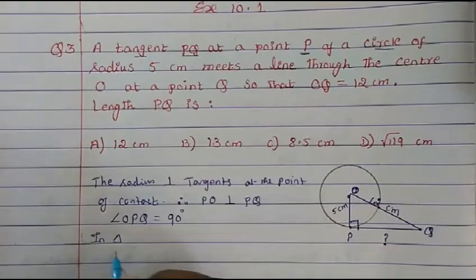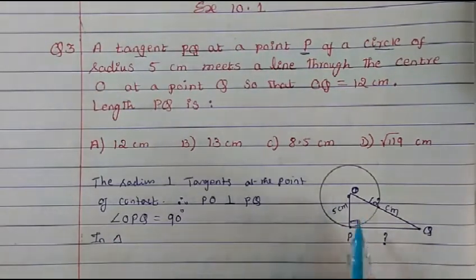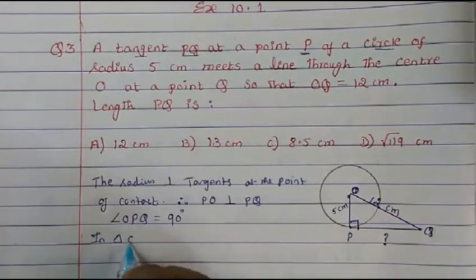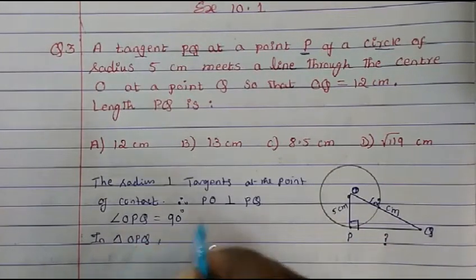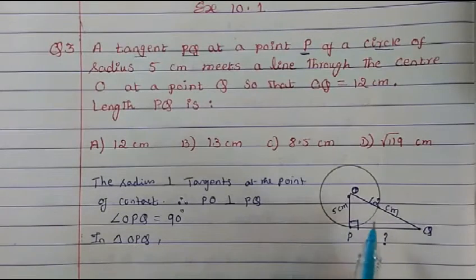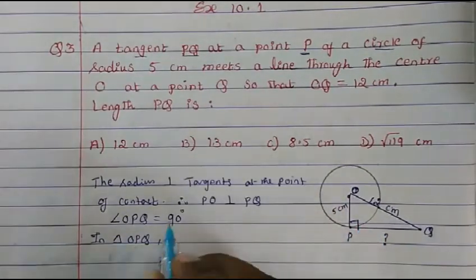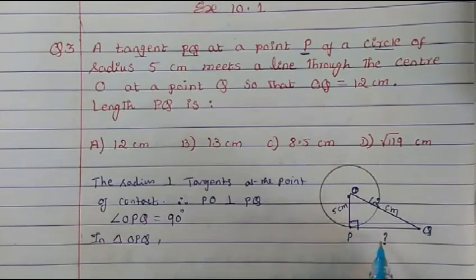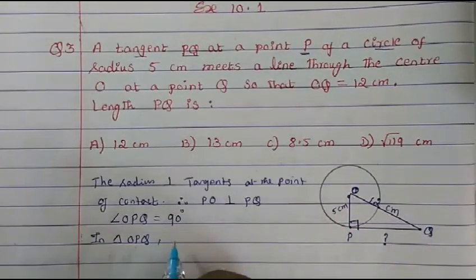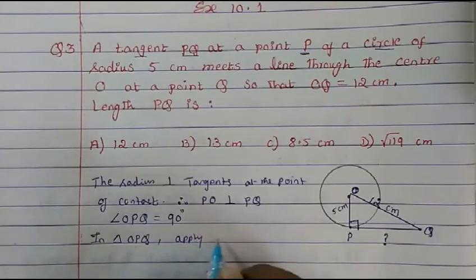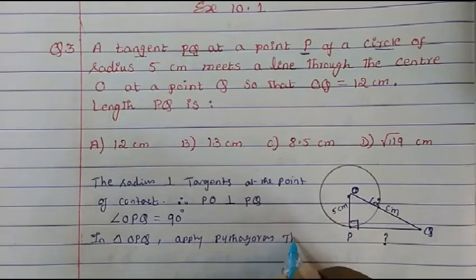Now in triangle OPQ, we can apply Pythagoras theorem, because in a right angle triangle we use Pythagoras. We already know two sides and have to find out one side. So in triangle OPQ, apply Pythagoras theorem.